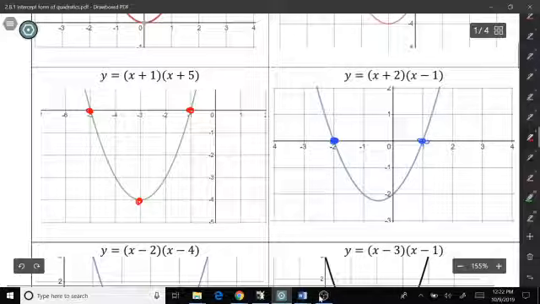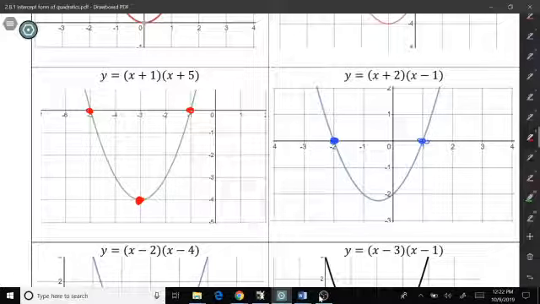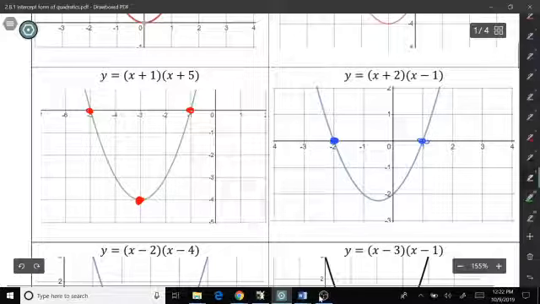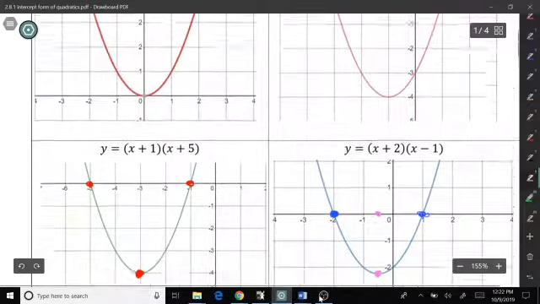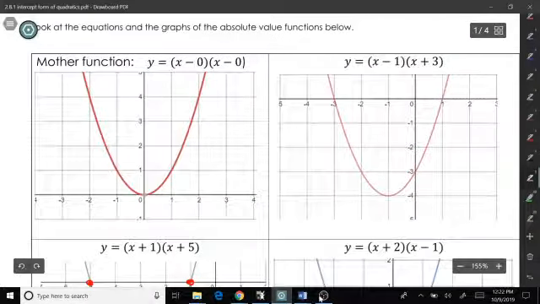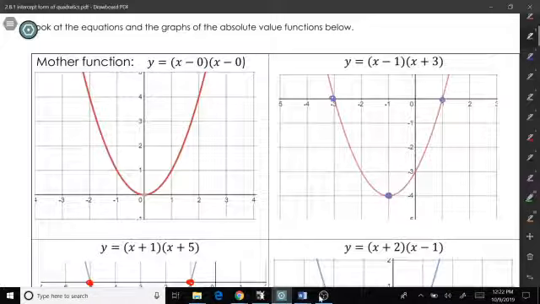Oh wait, that's the x-coordinate of your vertex. So -2 and 1, halfway between those two values would be -1/2. There we go. Halfway between -3 and +1, halfway is -1.